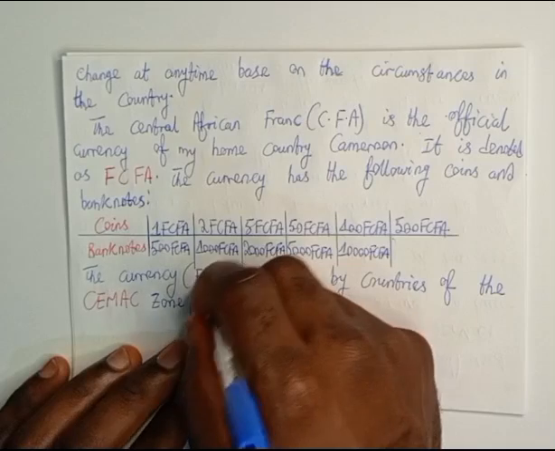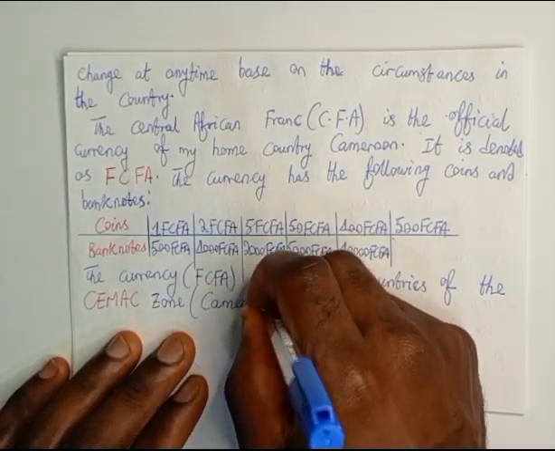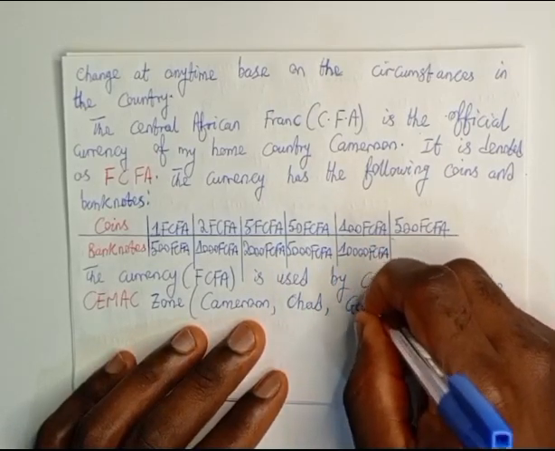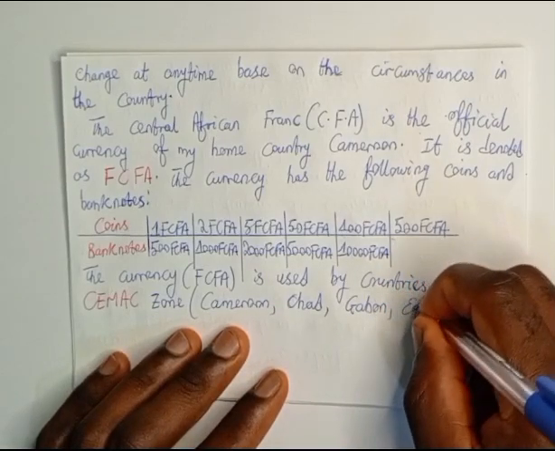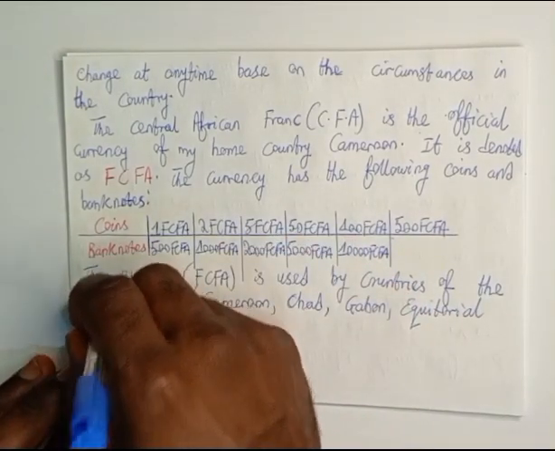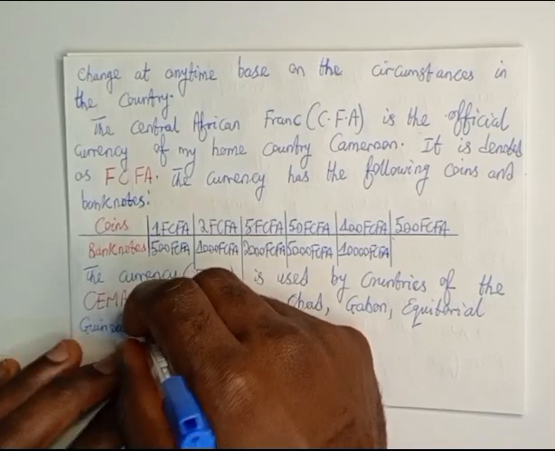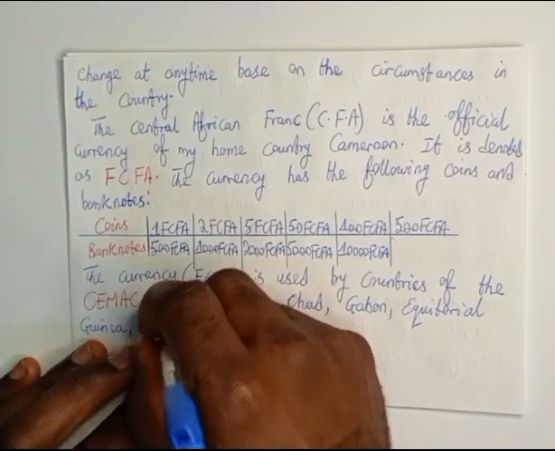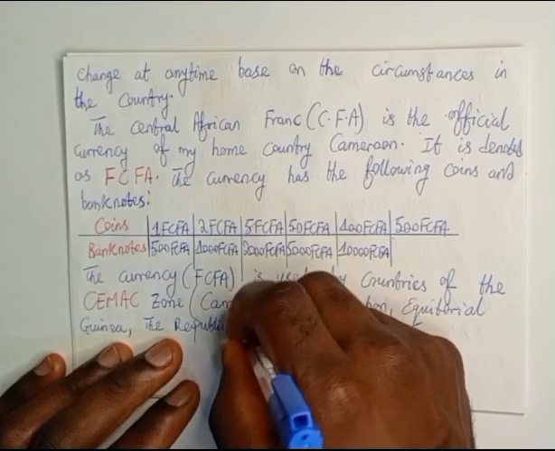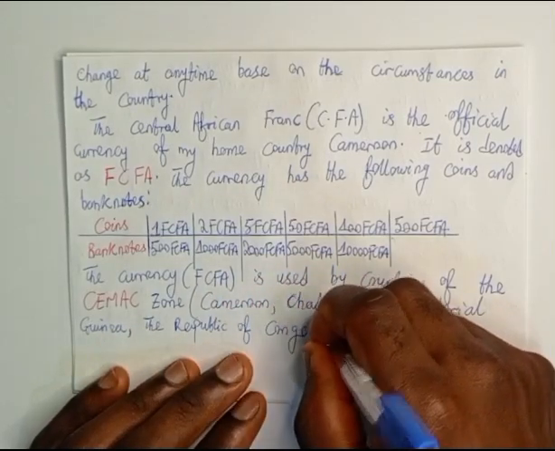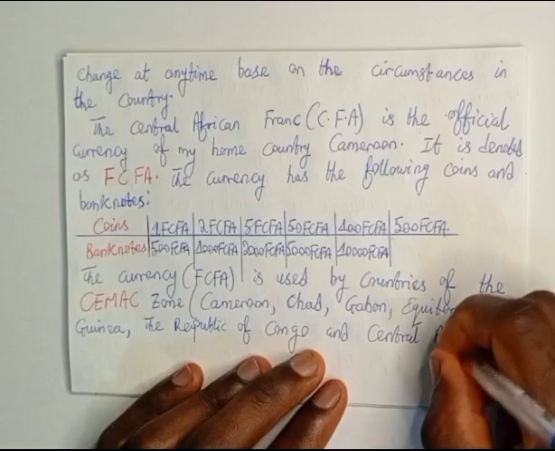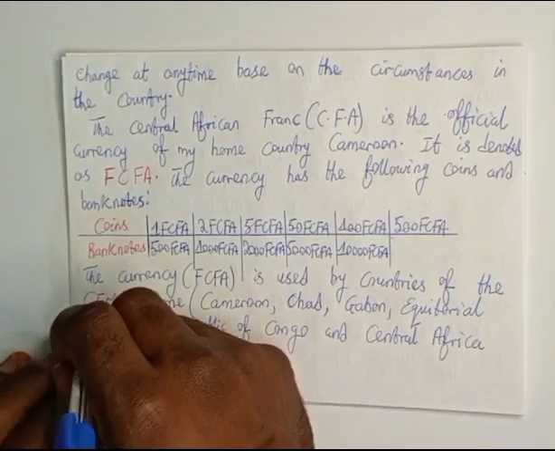And the countries of the CEMAC zone are Cameroon, Chad, Gabon, Equatorial Guinea, the Republic of Congo, and lastly, Central African Republic.